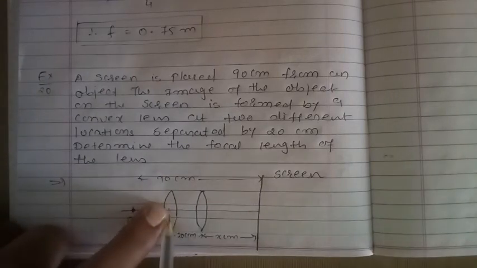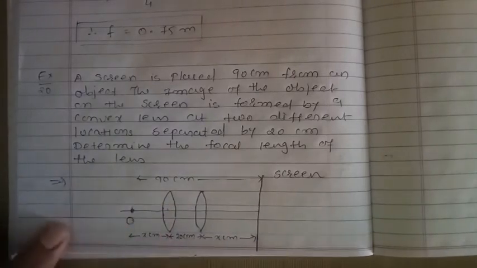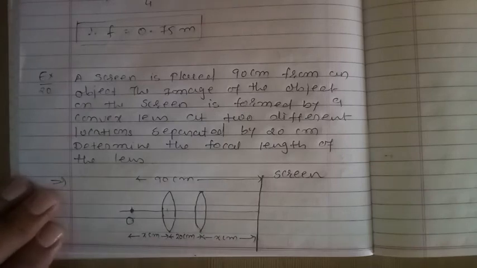So the image distance is 20 centimeter plus x centimeter, right? First of all, to find out the object distance and the image distance, we have to find out the value of x.